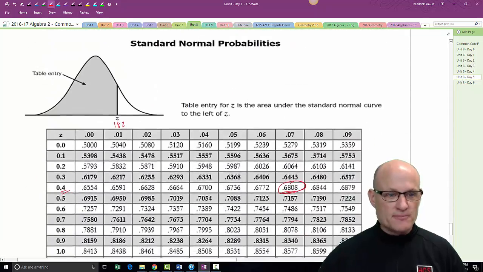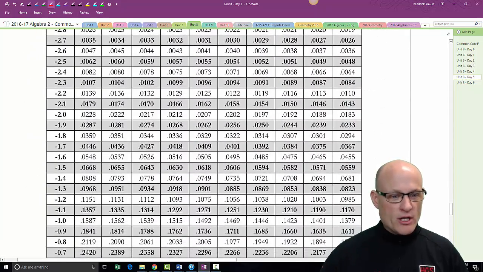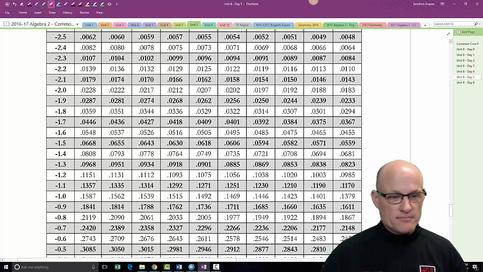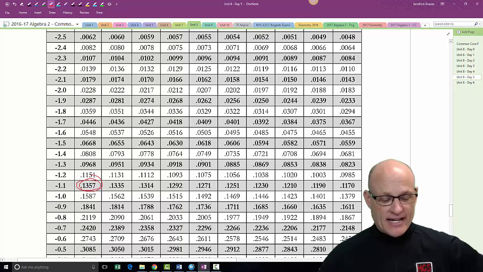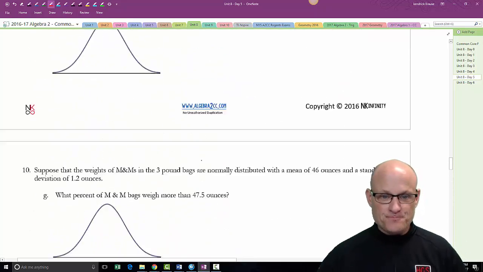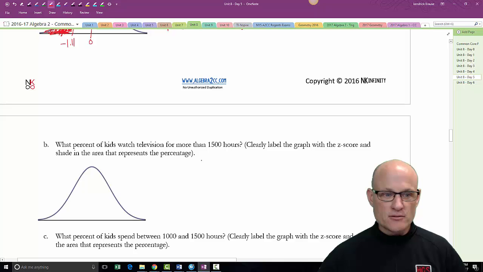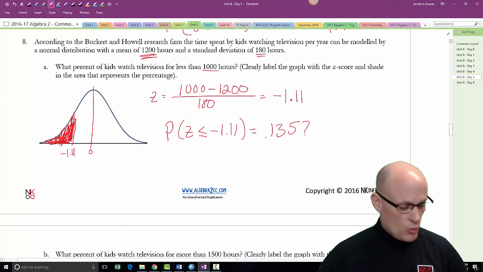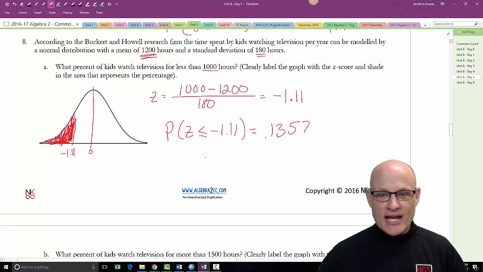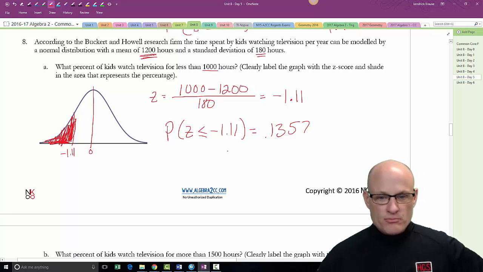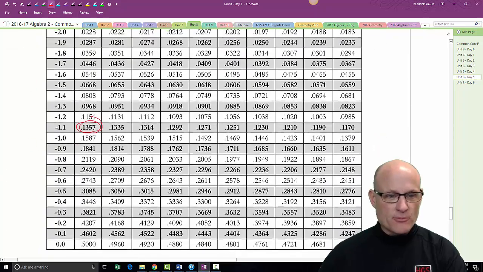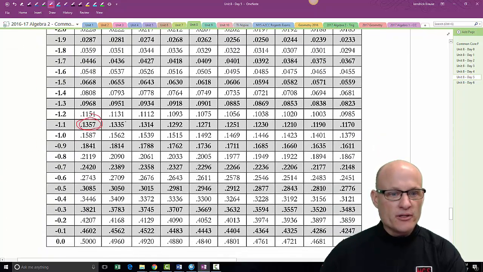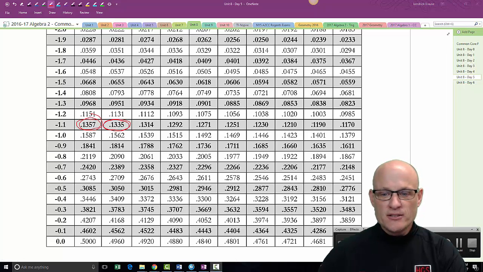So we go back to our table. Negative 1.11 right there. 0.1357. So go back up. 0.1357. Well, what does that mean? That means, oh, I looked up the wrong one. I looked up 0.1357. This is 0.1335. Negative 1.11.